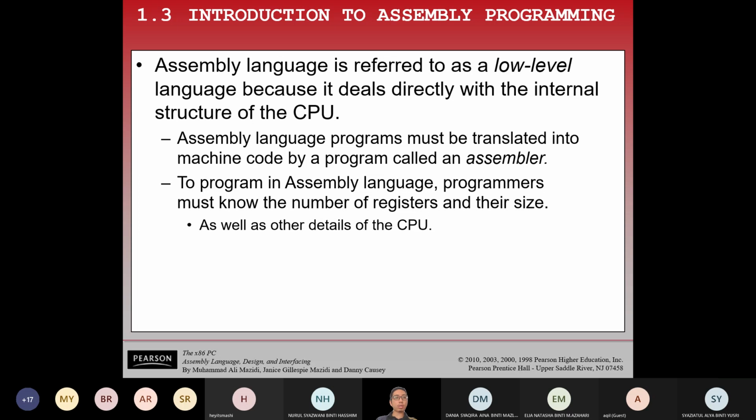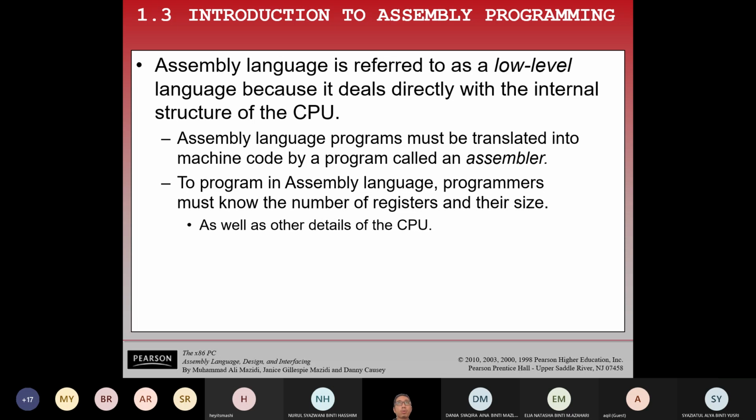This assembly language must be translated into machine code by a program called an assembler. So we have an assembler to assemble those codes, not like what we call other languages.